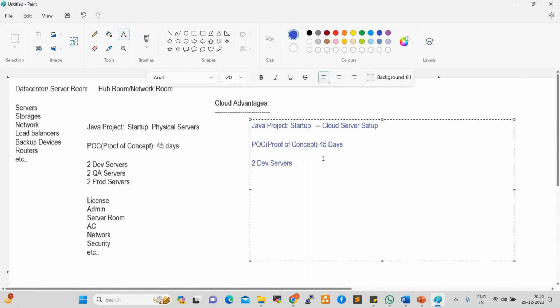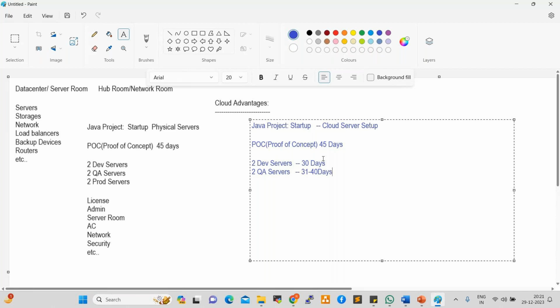So for the first 30 days, developers develop the code in the development servers, right? Once the development is completed, after that we can create two more servers for testing, from 31 days to 40 days, right?